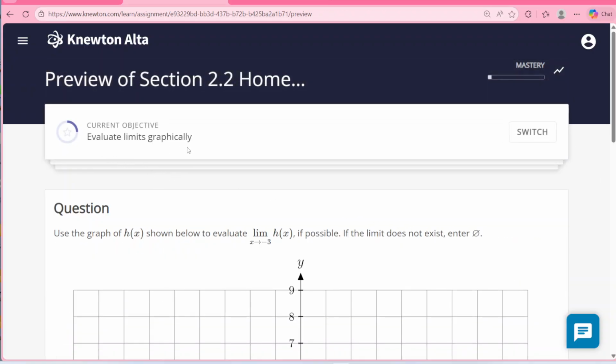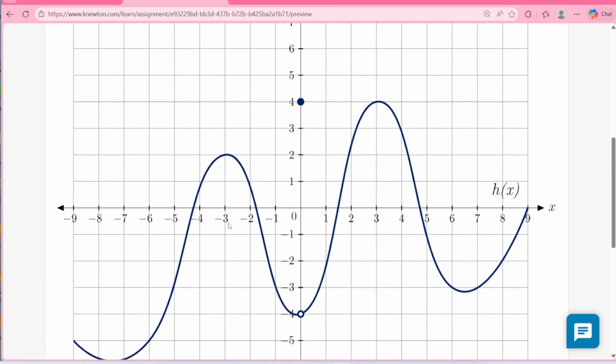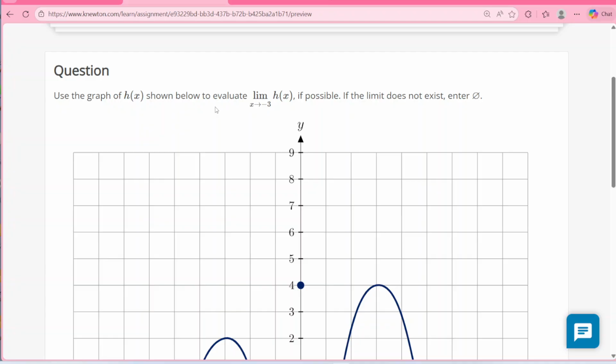So back to evaluating limits graphically. Kind of like the problem earlier, here's this dark blue graph, and they're asking for the limit as x approaches -3 of this h of x function. And if it does not exist, right, so again, if you're not approaching the same location on both sides of -3, then it doesn't exist.